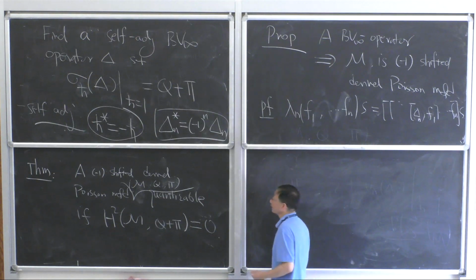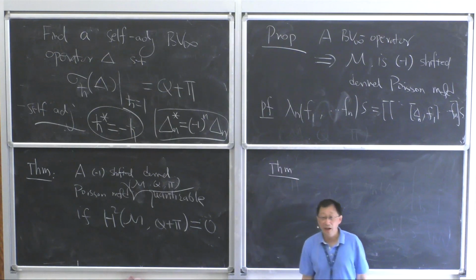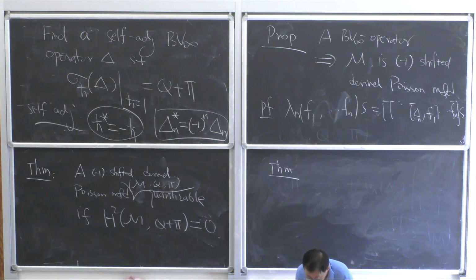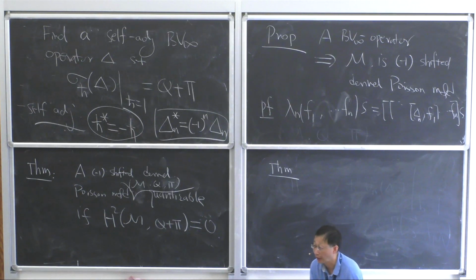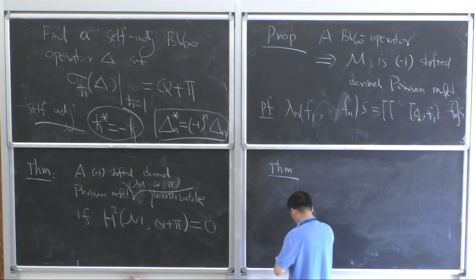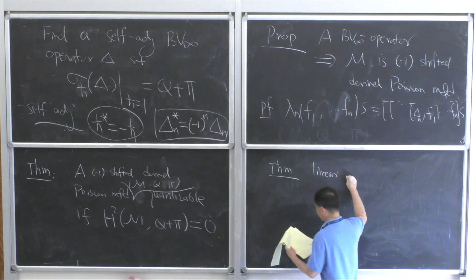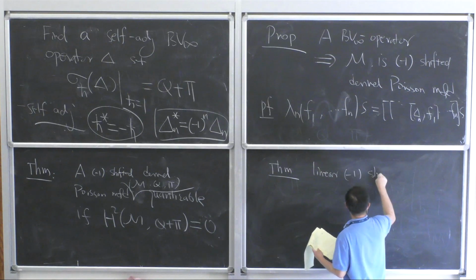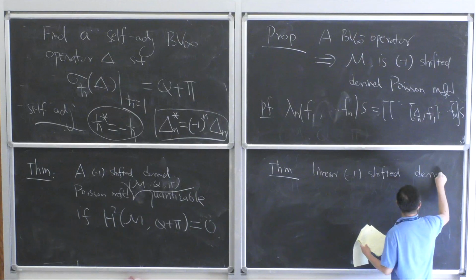So second, we gave a positive result. Nevertheless, if it's linear, if it comes from a Lie algebroid, then this is always quantizable: linear, minus 1 shifted, derived Poisson.